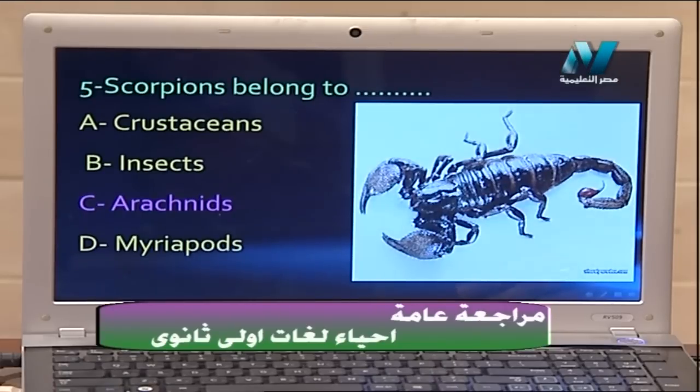When you look to the abdomen, you will see the abdomen is segmented, as you see. That means this kind of organism has two parts of the body: head and thorax in the cephalothorax, one area, and another area we call the abdomen.